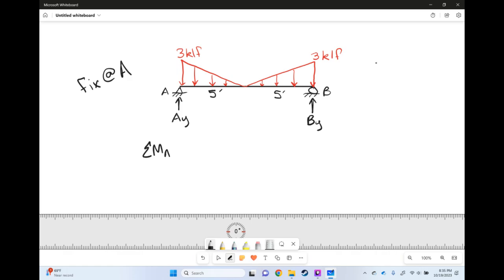So if I sum the moments about A and set it equal to 0, I'm going to take counterclockwise to be positive, though it really doesn't matter. It's just going to tell you the direction of your arrows.